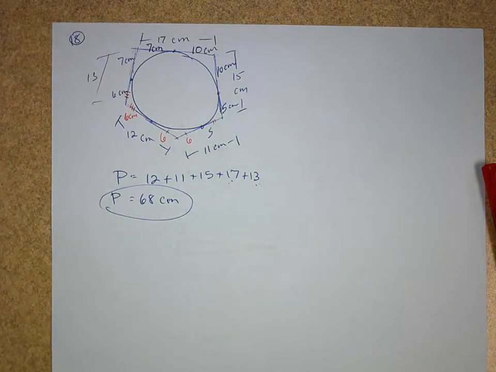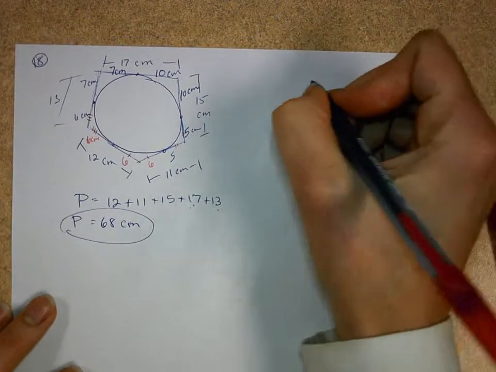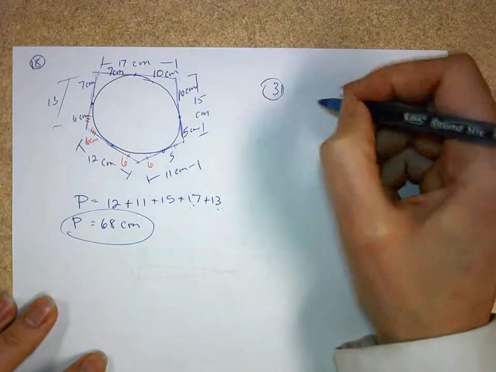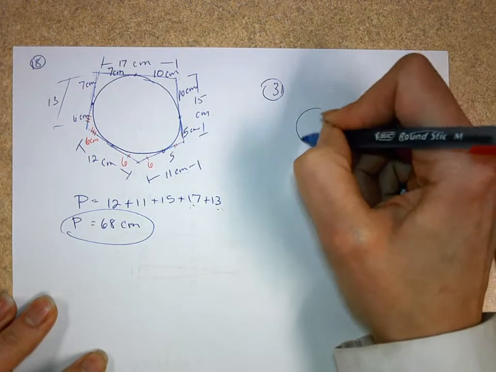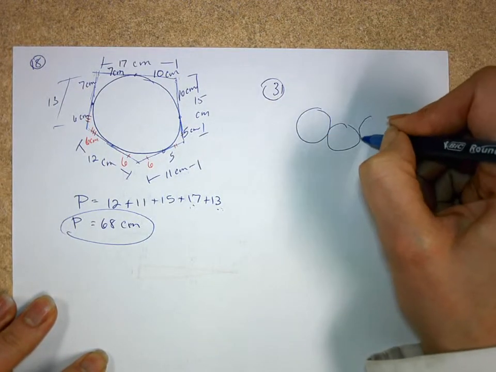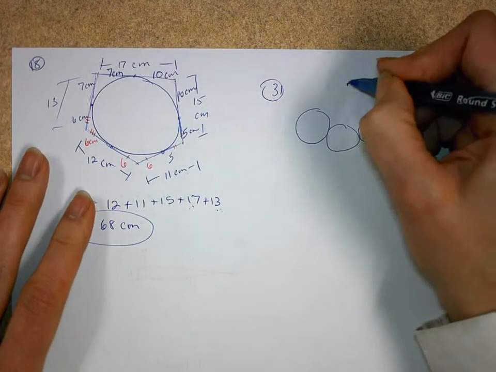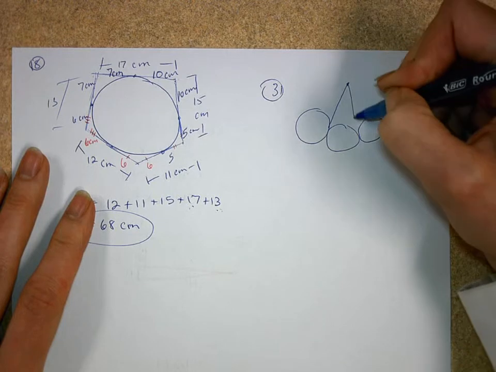Now there's two other types of problems I want to talk to you about. One of them was 31, and on 31, I don't want you to really overthink this one, but you have these 3 different coins, and the coins are touching at a point each, and then we have this exterior point, and we draw these tangents in.